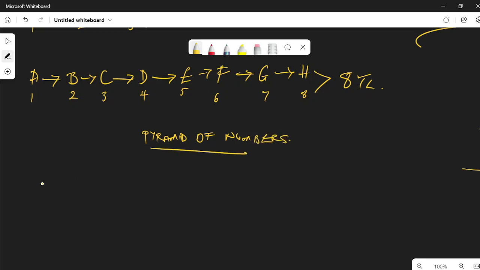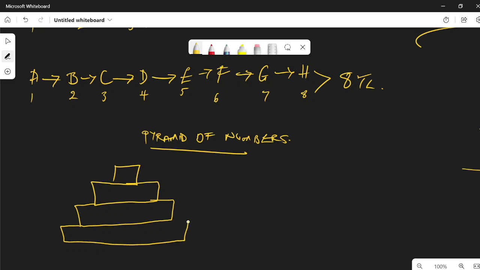So pyramid of numbers is talking about the number of organisms that partake in a particular feeding relationship. So imagine that we have something like this. Here we have grass, here we have grasshopper, here we have lizard, and here we have hawk.